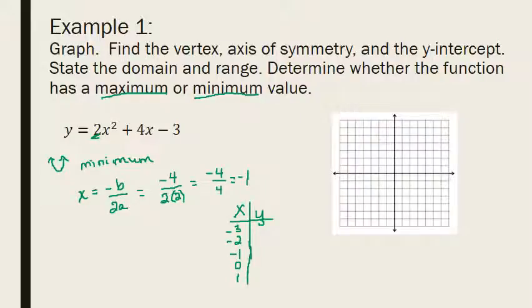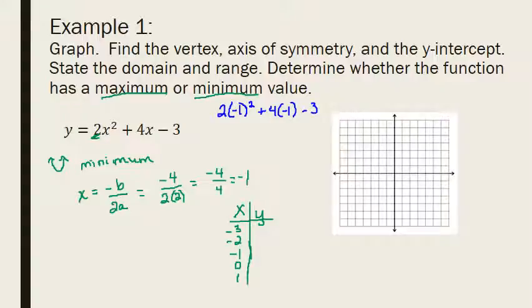Okay, so now we're going to plug this negative 1 into the x values to figure out what y equals. So when we plug in negative 1, we're going to do 2 times negative 1 squared plus 4 times negative 1 minus 3.